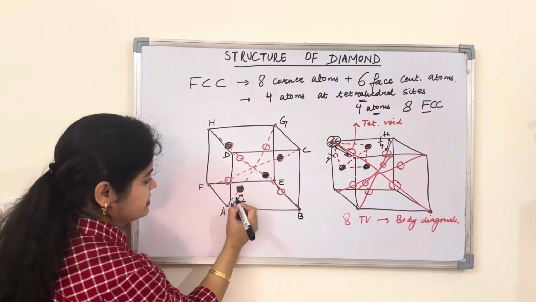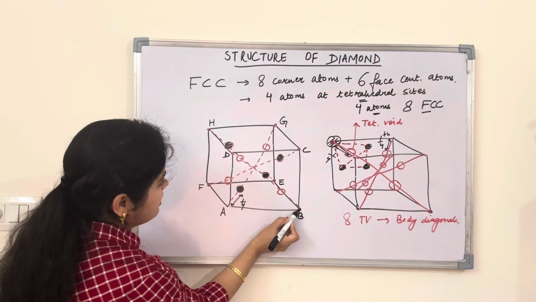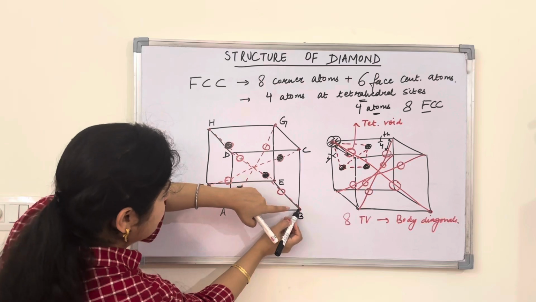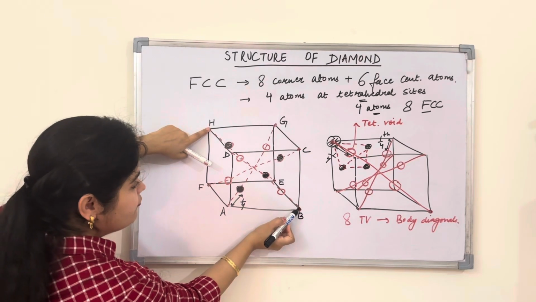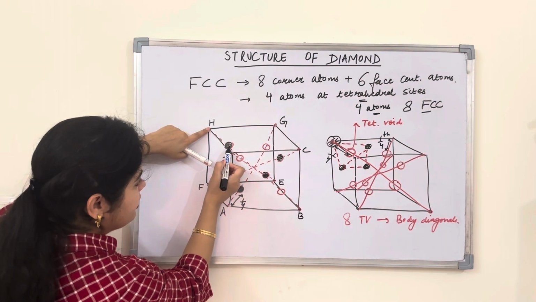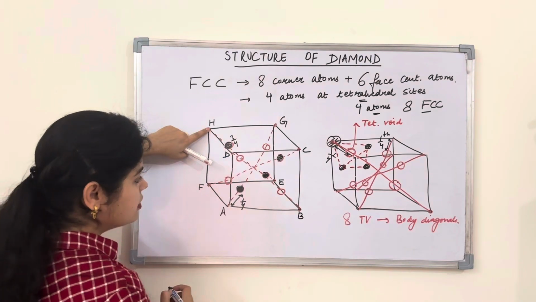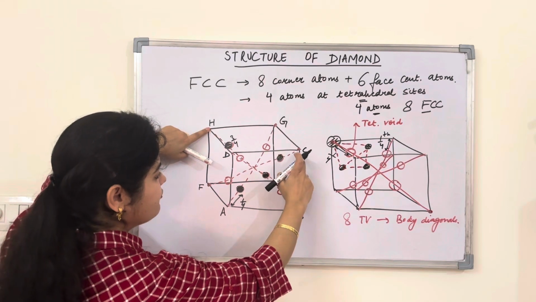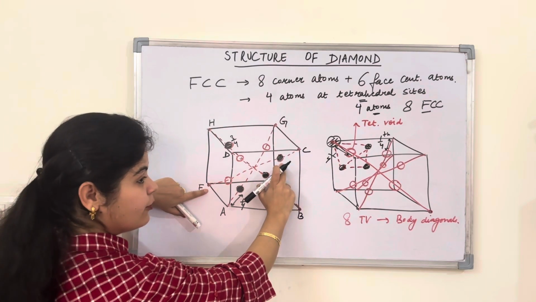So this void is at 1/4 from A and from B on this diagonal BH. We don't have a filled void here. We have an atom here. So the distance of this particular atom from B will be 3/4. And similarly, if I look at this diagonal CF, then I have a filled void here.